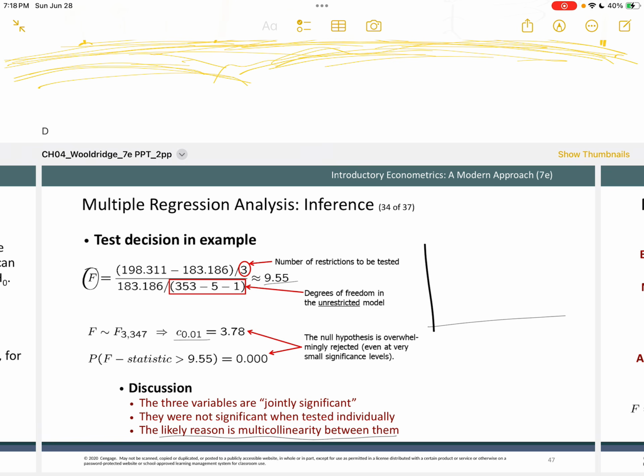You can see that your F test falls to the right of your critical value, right? In this case, that will look like this.